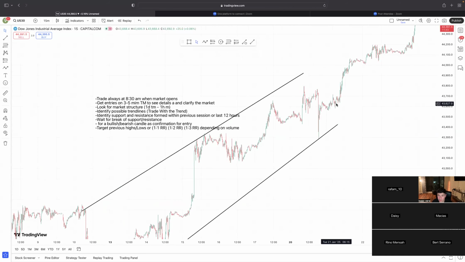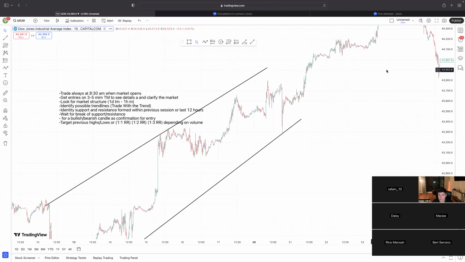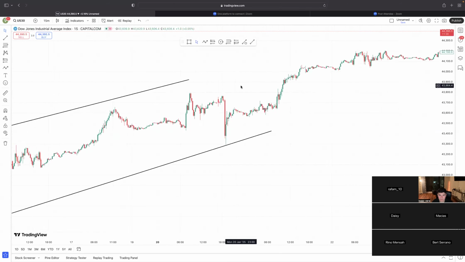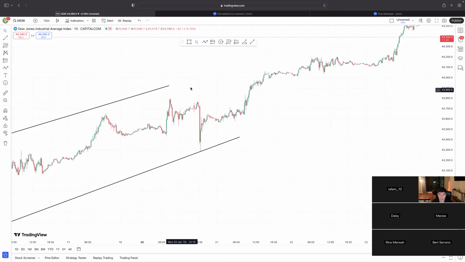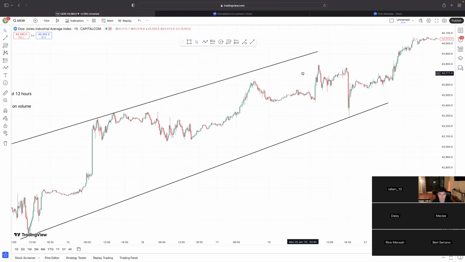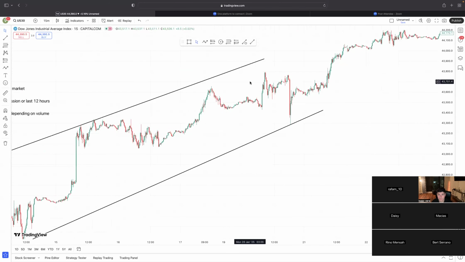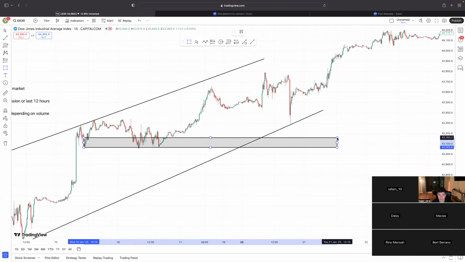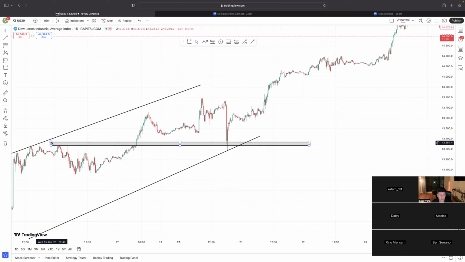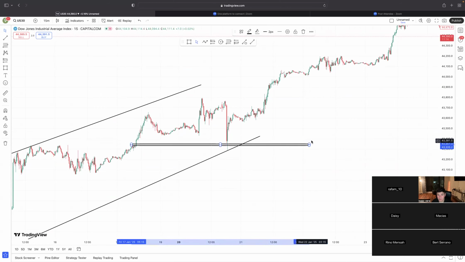Next I would look for my support and resistance. Let's say that we are trading right around here. I would identify my support and resistance. Remember to always do it on the past 12 hours, because going further back is going too far away.